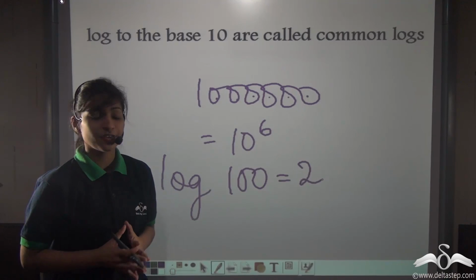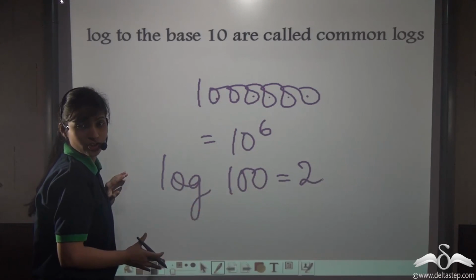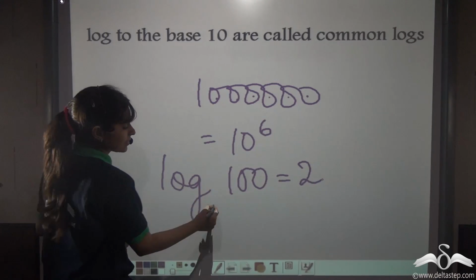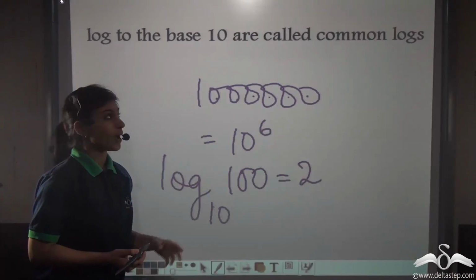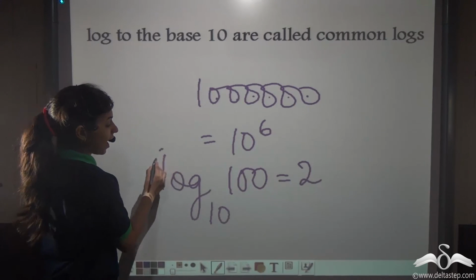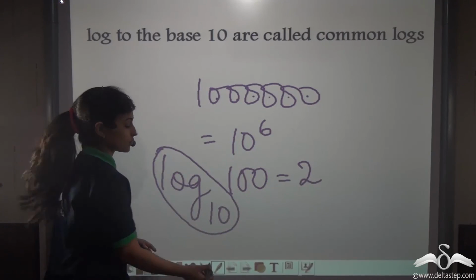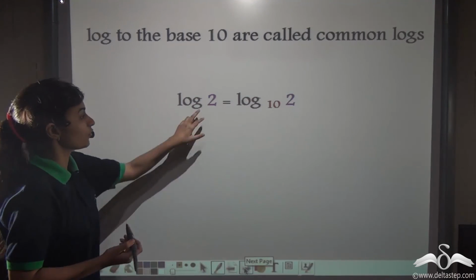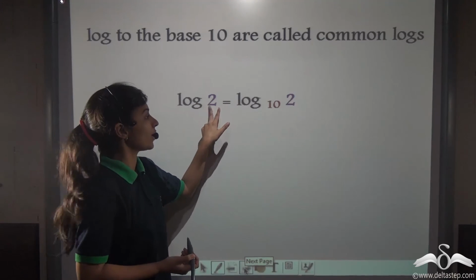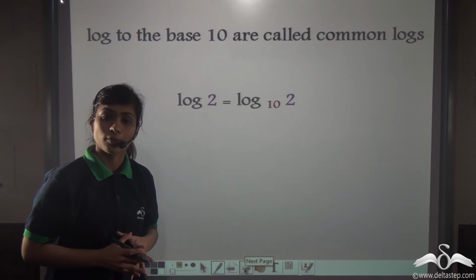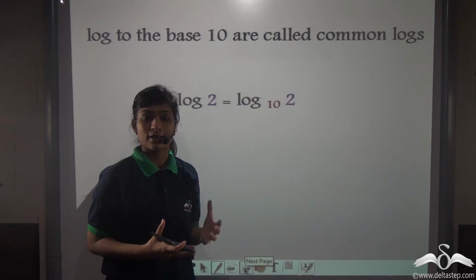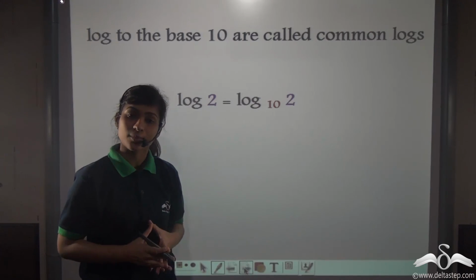But in any question, if you see that the base is not mentioned, you will always take it as 10. So that is why logs to the base 10 are actually common logs. You always take the base as 10 if it is not mentioned. So these properties of logarithms will help you solve logarithm sums easily.